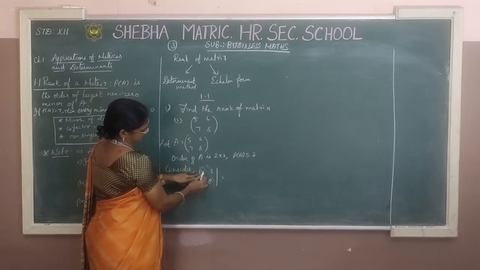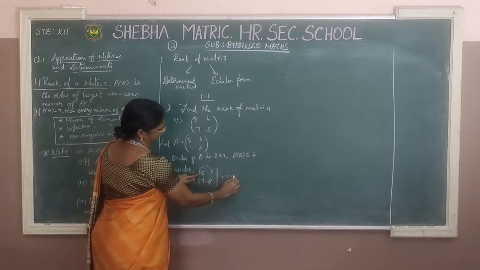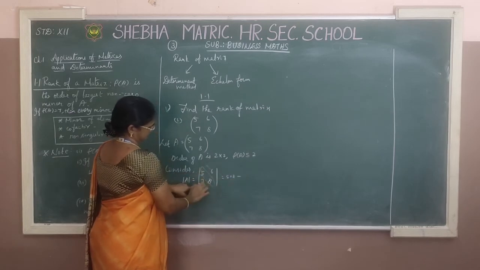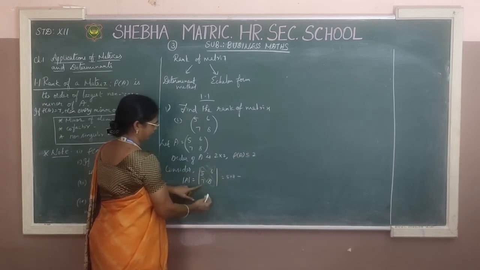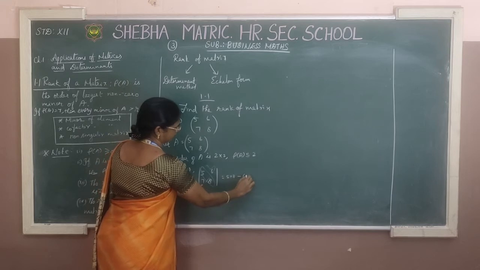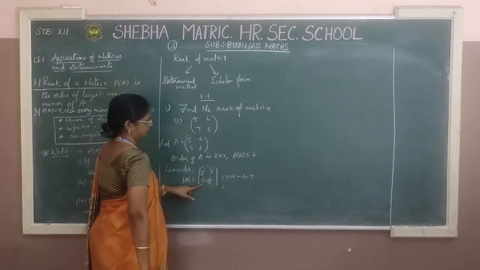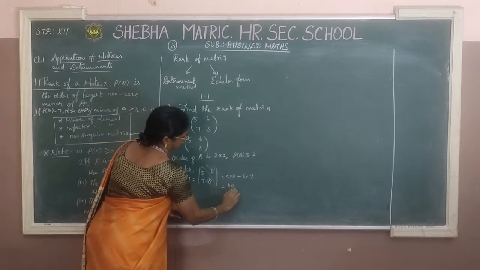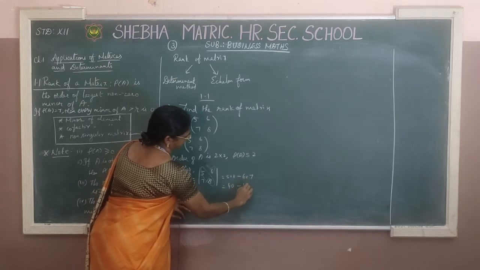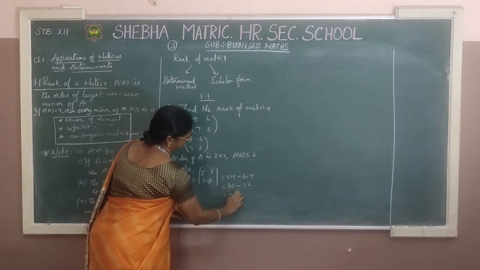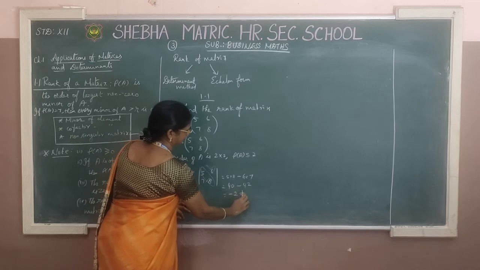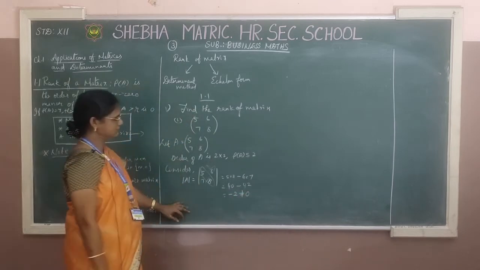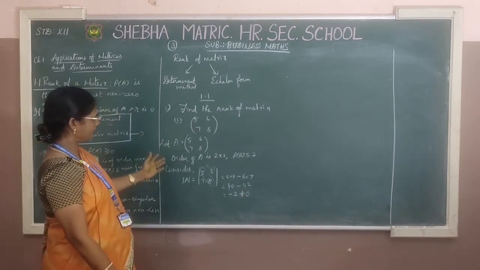First multiply the main diagonal. The main diagonal elements are 5 into 8 minus, this is the off diagonal, and the elements are 6 into 7. Multiply, we get 40, and 7 sixes are 42, which is equal to minus 2. Minus 2 is not equal to 0.